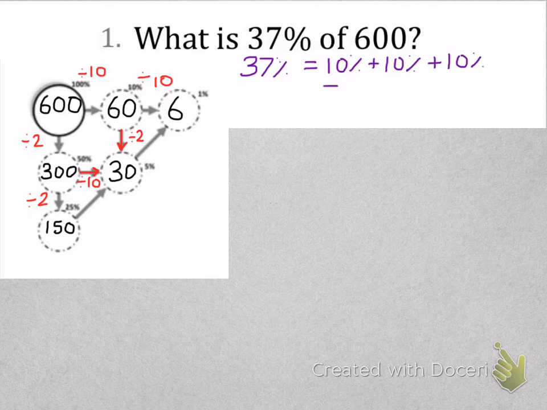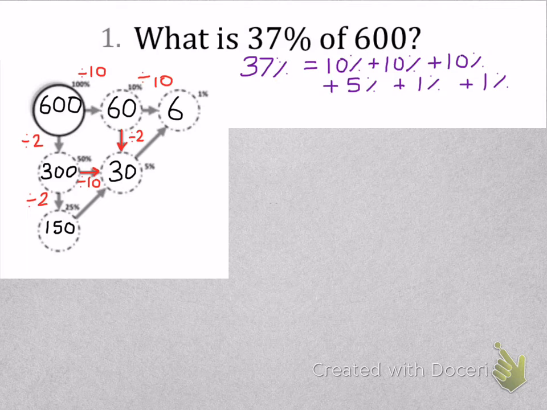And then I can add the little bits as well. If I add a 5%, I've got one of those on my diagram, and then a 1% and another 1%. So I can make that 37% using values that I've got on my bubble diagram.